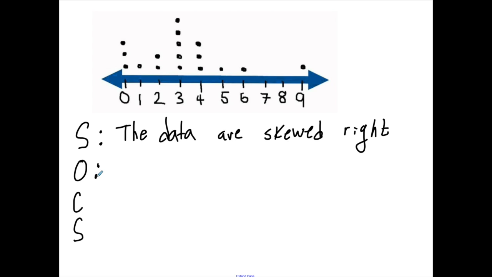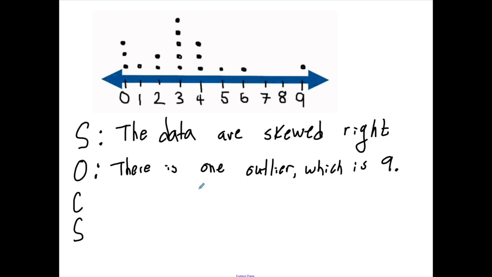So just be aware of that. Here, I'm going to say there is one outlier, which is 9. All right, so the data are skewed to the right.